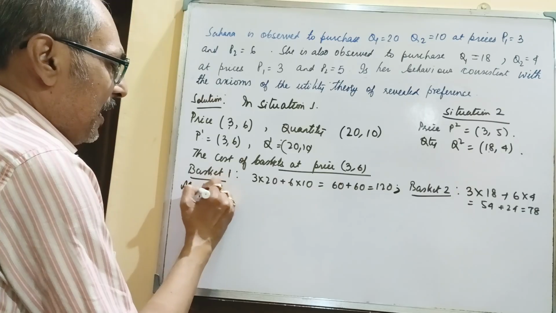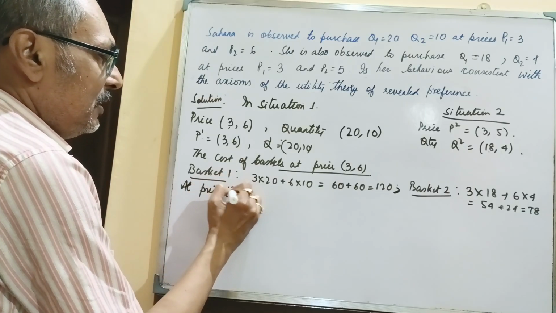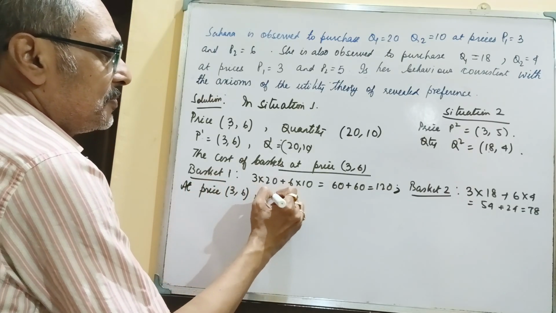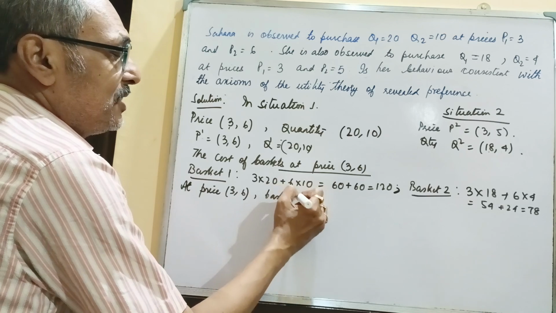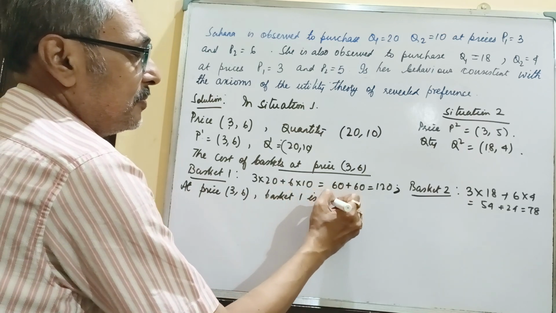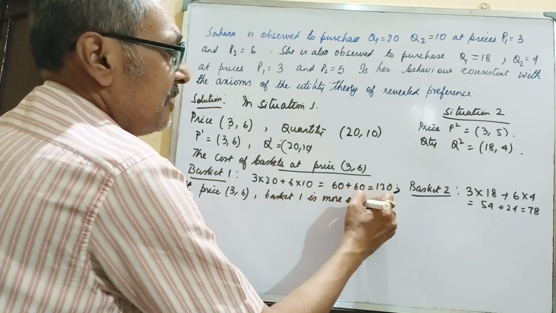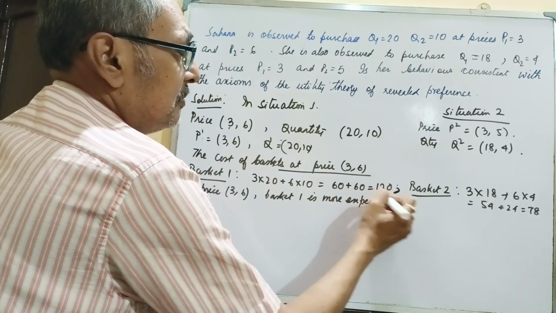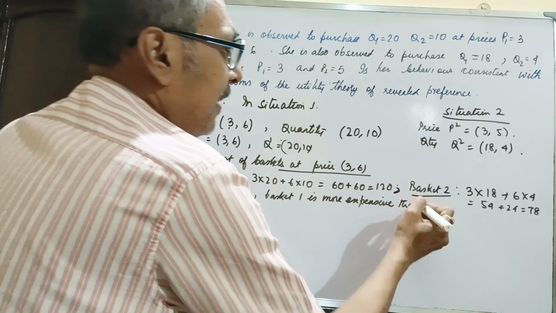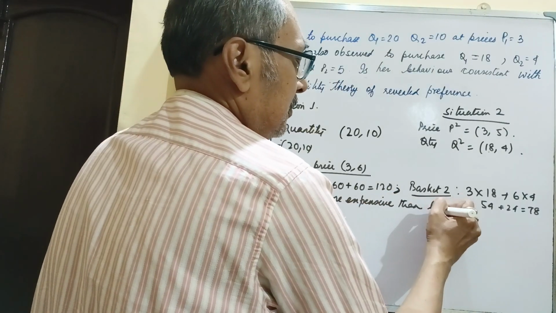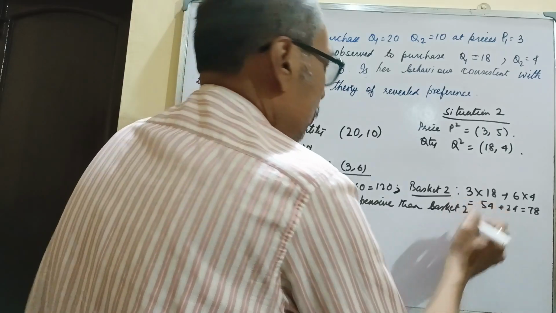At prices 3, 6, basket 1 is more expensive than basket 2.